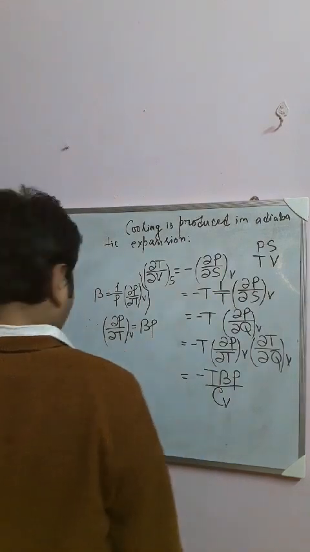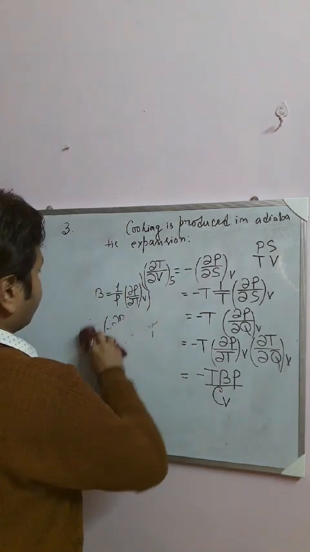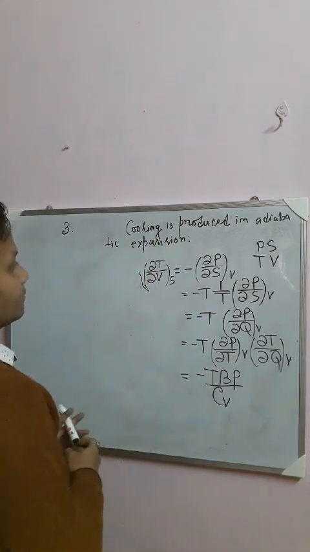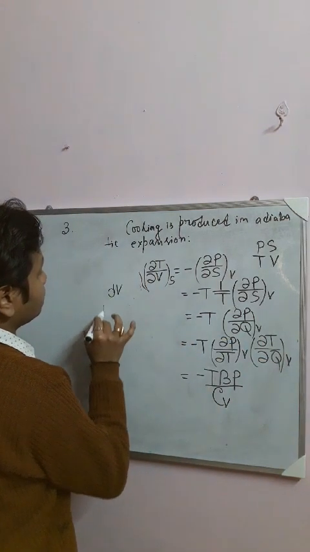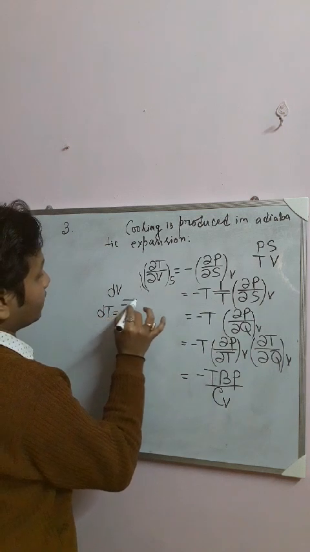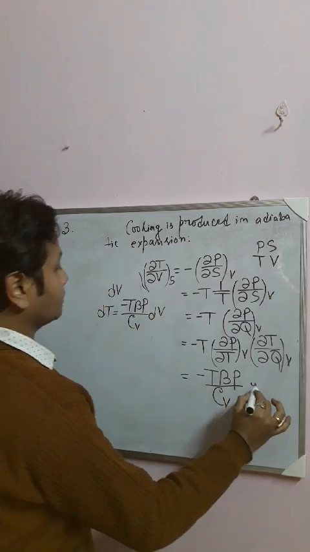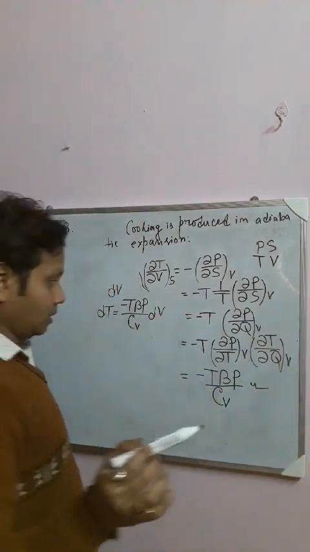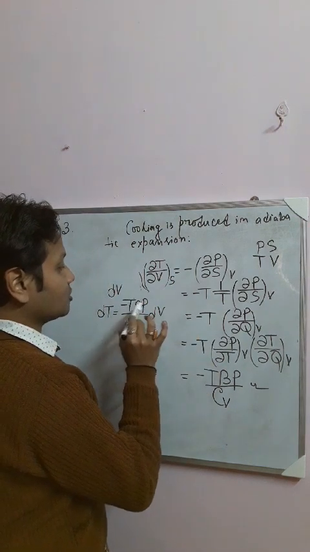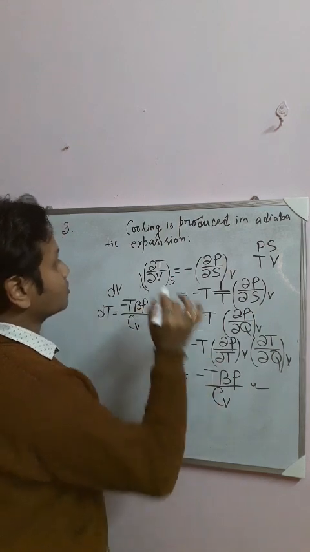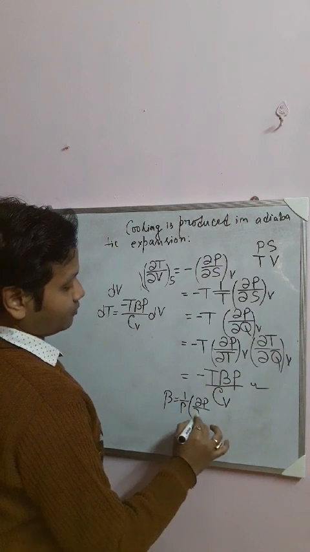Now let us close the loop on this equation. If the change in volume is dV, then what will be the corresponding change in temperature dT? We can write dT equals minus T beta P by Cv into dV from this relation. Now if you see this equation, T is positive, P is positive, Cv is positive, and beta is also positive, because beta is 1 by P del P del T at constant volume.